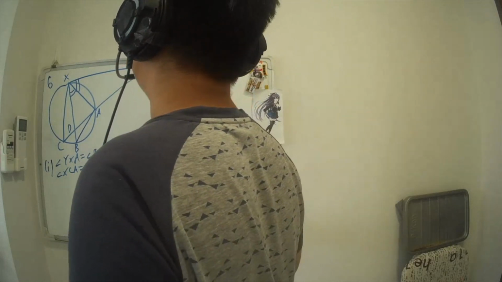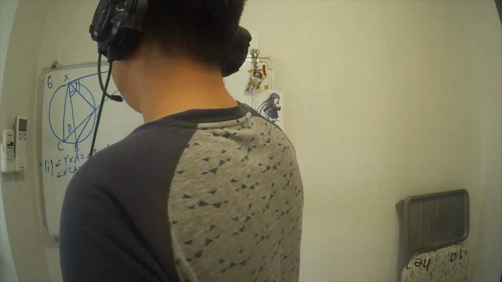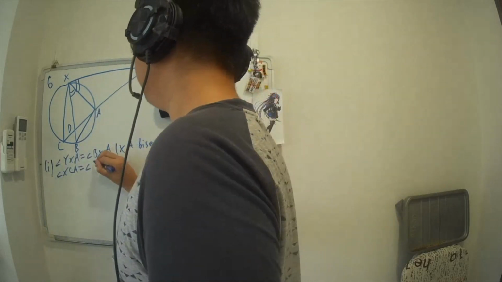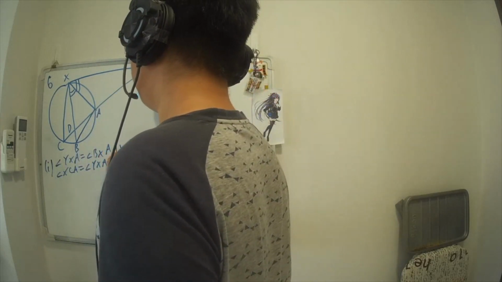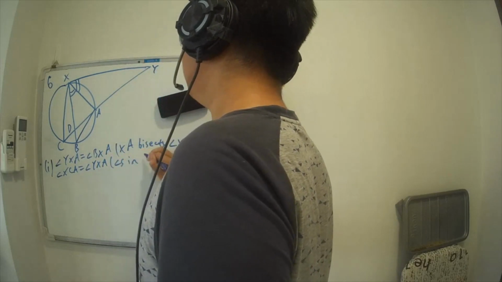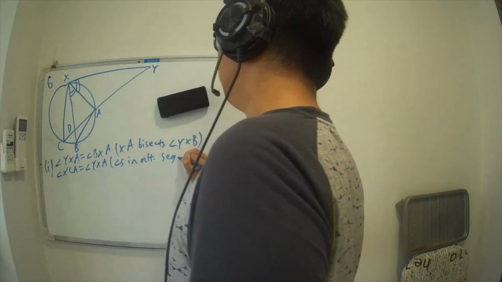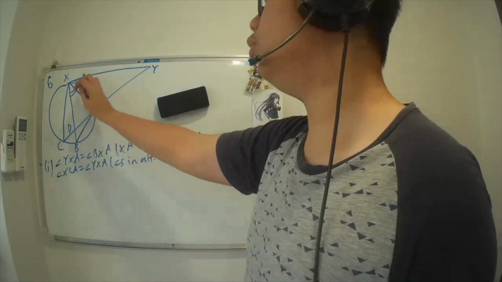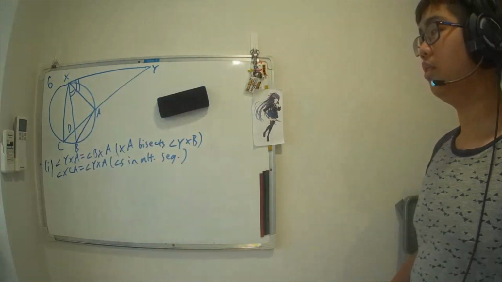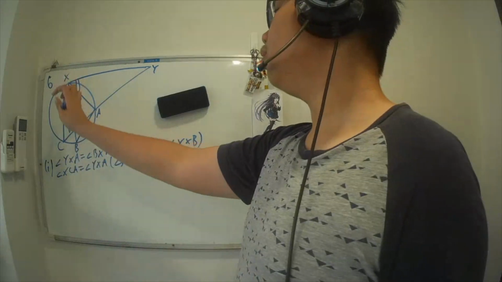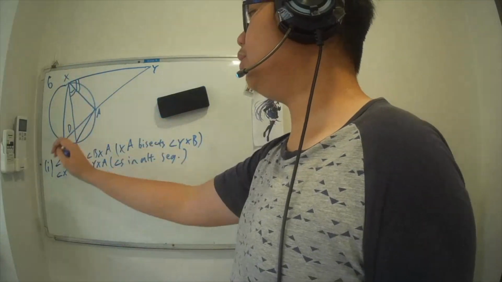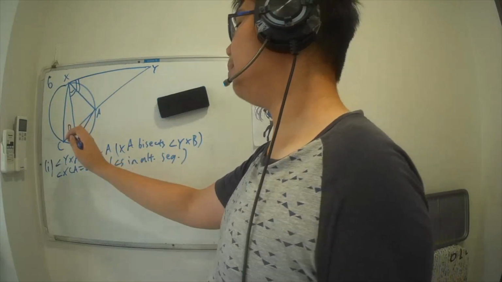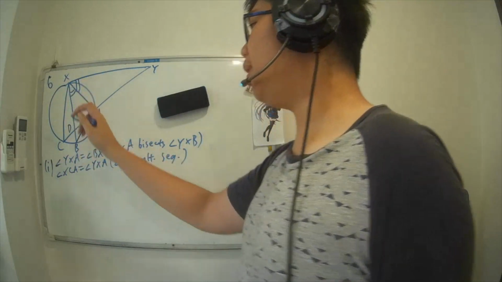So angle XCA is equal to angle YXA, sorry, I should use YXA, because of angles in alternate segments. Now we know that this angle is equal to this angle. Then this segment is subtended by this triangle, but also this triangle.